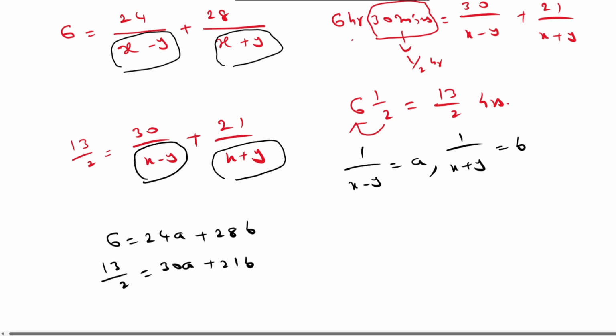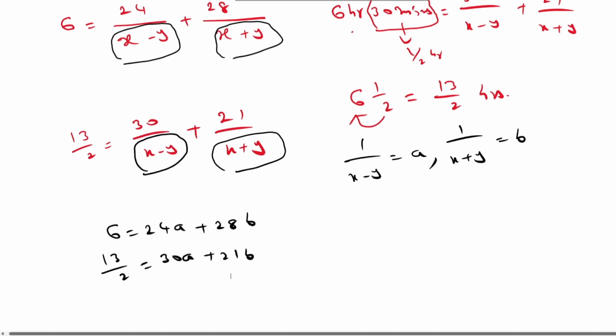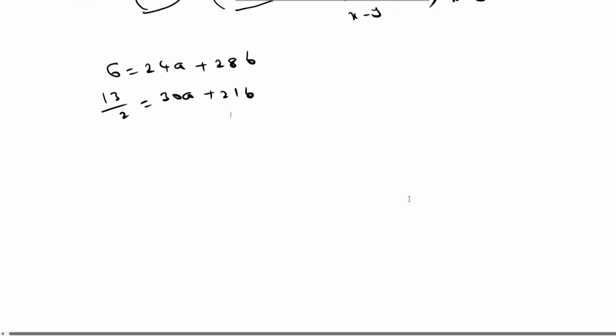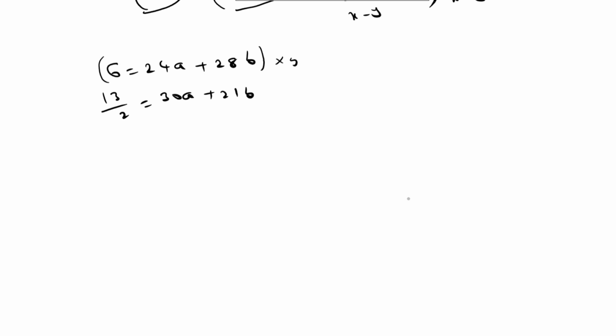Now here for a also, for b also, the coefficients are different, right? So we cannot simplify further. So what I will do is, I'll multiply the first equation by 5 and the second equation by 4. So what will happen then? 6 into 5, 30 equals 24 fives are 120a plus 28 fives are 140b.